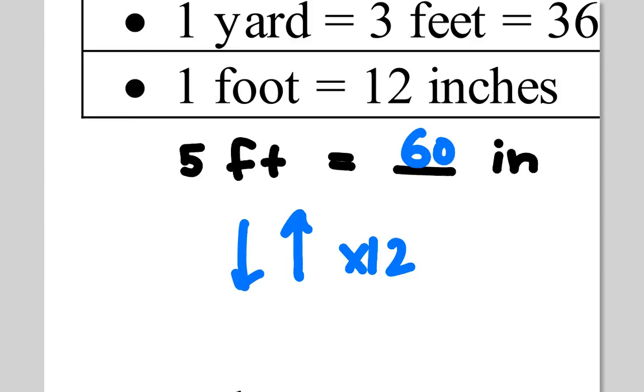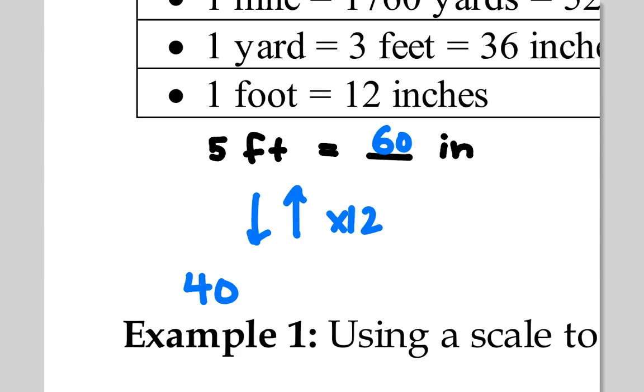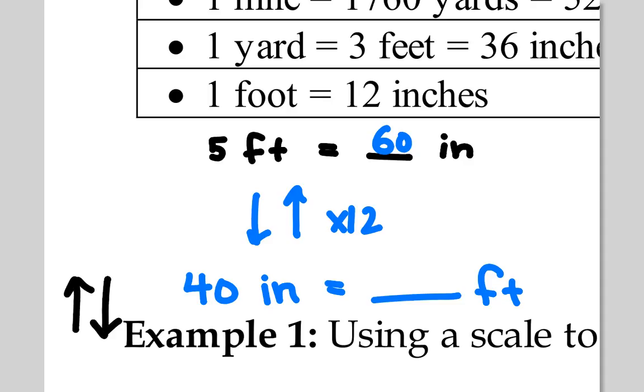All right, what if I had 40 inches? How many feet is that? Inch to feet. The unit got bigger, so my number needs to get smaller. So I divide by 12. What's 40 divided by 12? I don't know, 3 and a little bit.